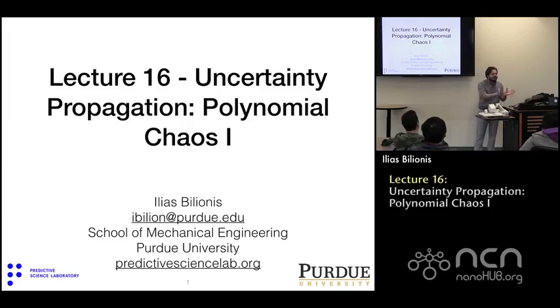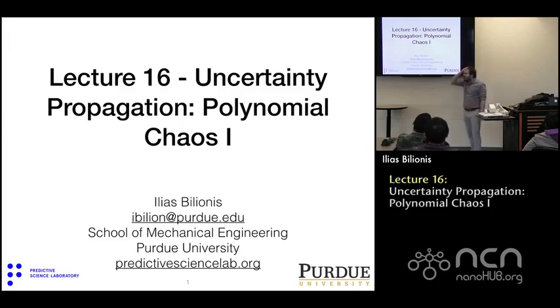The method of adjoints just gives you an ability to calculate the derivative of the response of a dynamical system with respect to any parameter you may have, or the derivative of the solution of a partial differential equation with respect to any parameter you may have, okay? And you can use this derivative to build the perturbative approximation to uncertainty propagation. Anyway, that's what we covered last time.